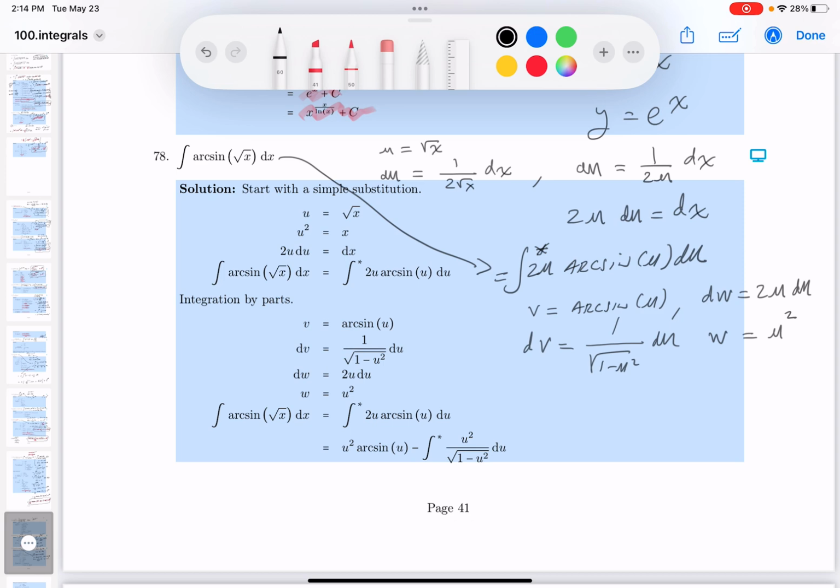This will be equal to u squared arcsine of u, using integration by parts, minus the integral of u squared over the square root of 1 minus u squared du.